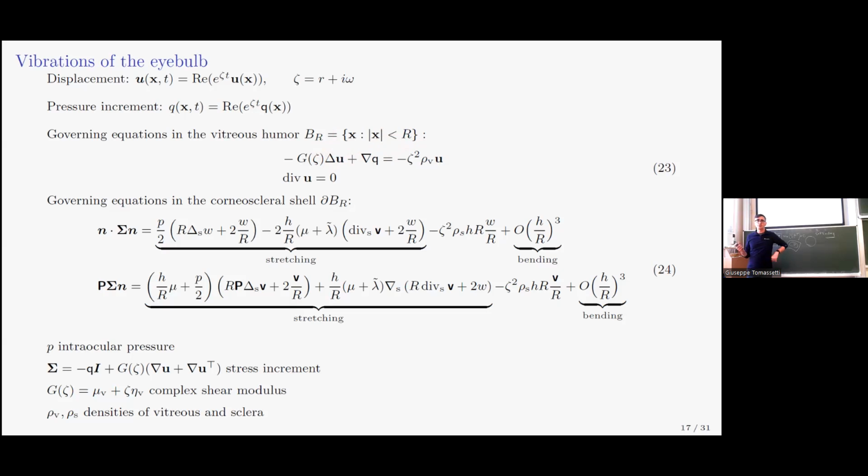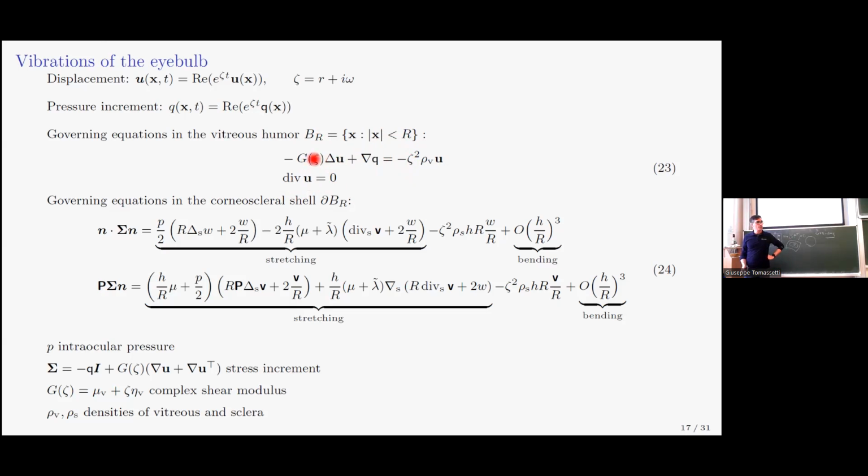So I assume the vitreous to be incompressible. And this explains why I have this equation that tells me that the divergence of the displacement is 0, because you have isochoric motions. And this is why you have to account for this with a pressure Q, a Lagrange multiplier.